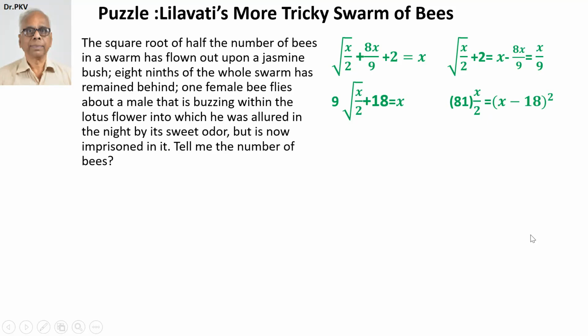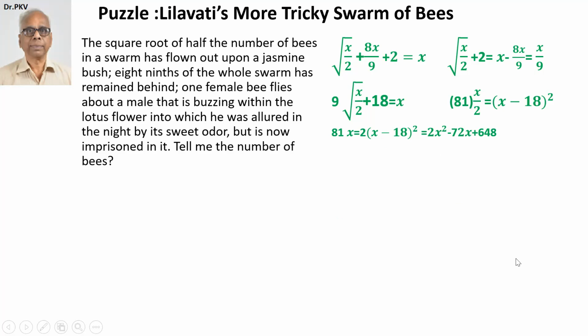Now, the next step. 81X is therefore equal to 2 times X minus 18 whole square. When I expand X minus 18 whole square, it will be X square minus 36X plus 324. Since there is a 2 outside, I multiply. This will become 2X squared minus 72X plus 648.